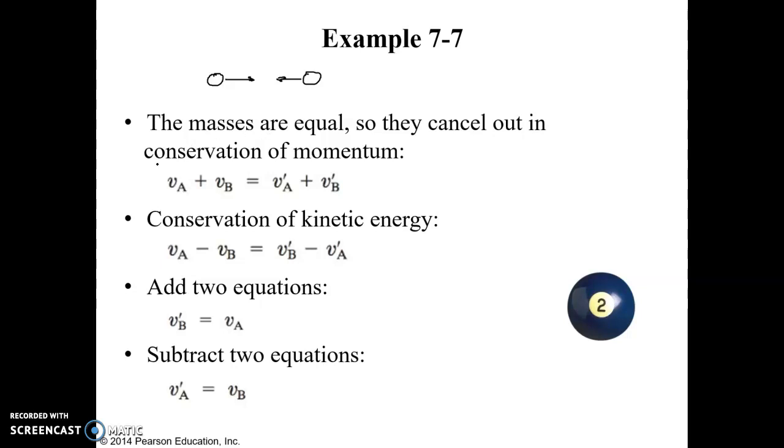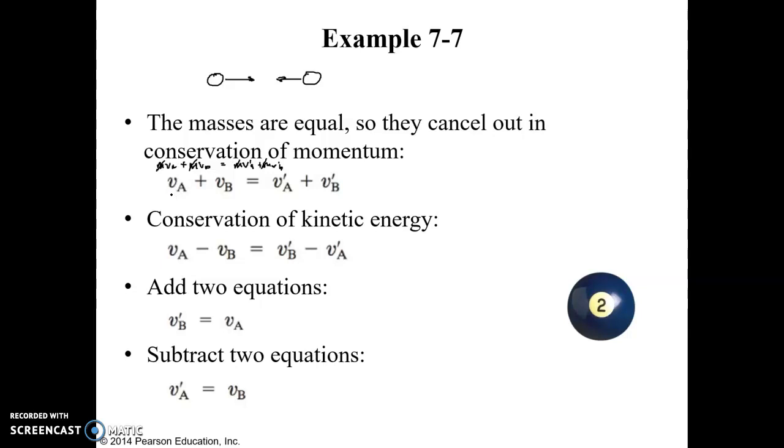Mass has been taken out of this equation because we are assuming equal masses. Initially this would have been m v A plus m v B, equal to m v prime A plus m v prime B, but since both of these objects have the same mass, we can just divide that out of the equation, so all the masses go away.